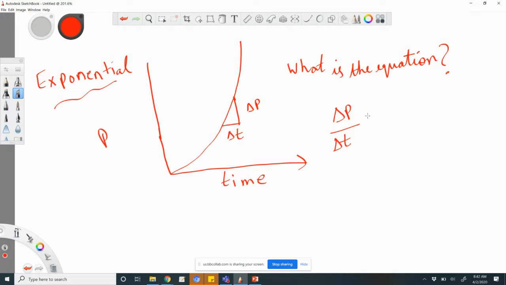And then R squared? I don't know. I'm just guessing. I guess, R squared, right?